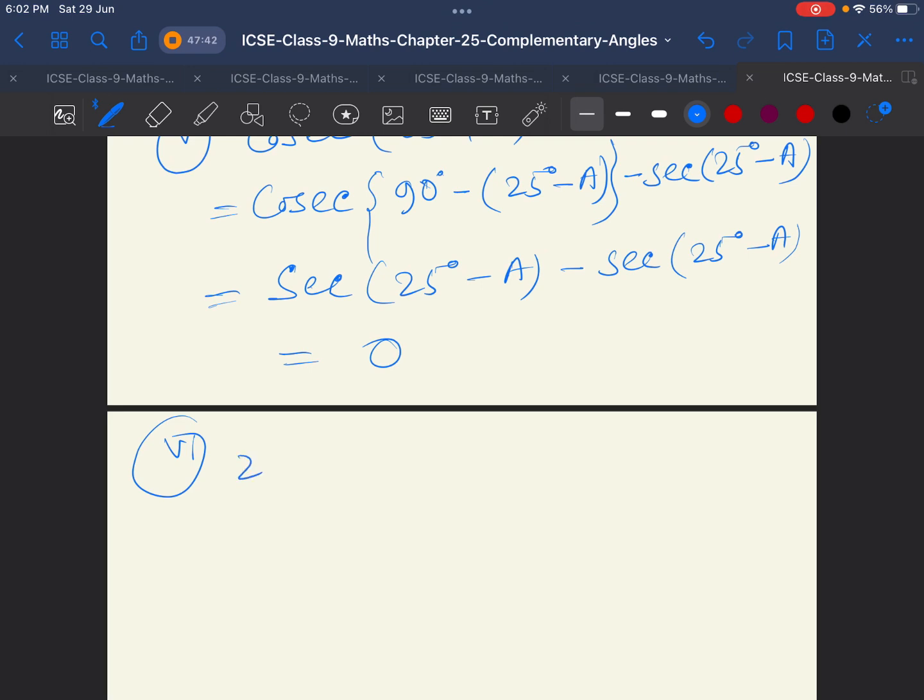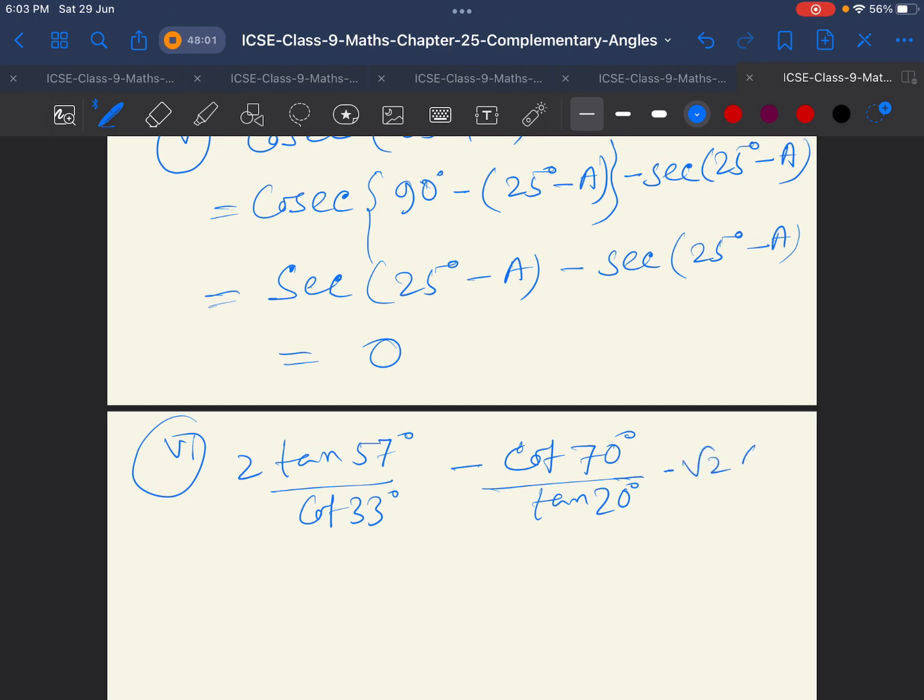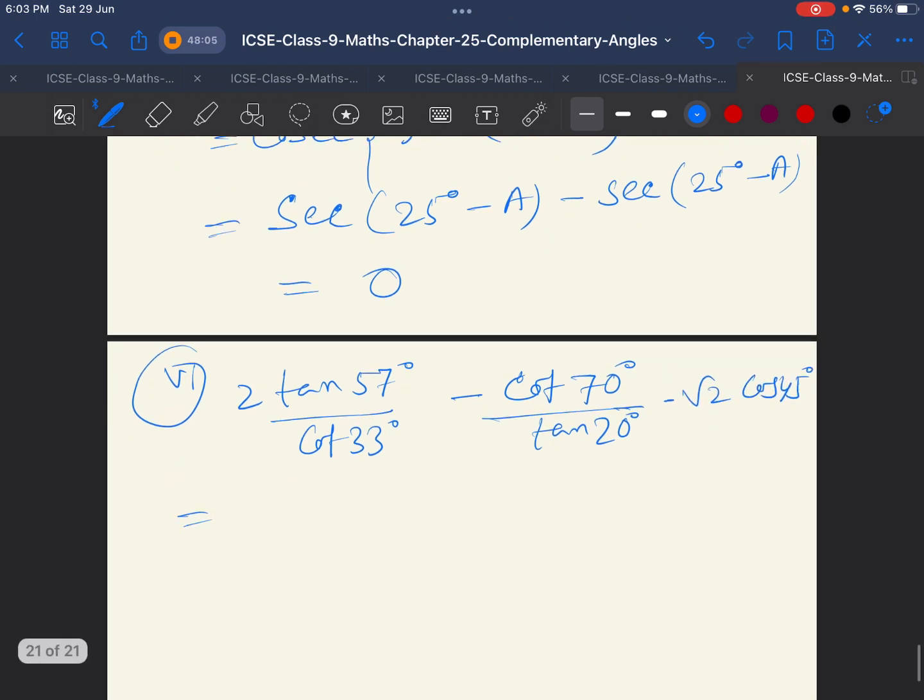So question number 6: 2 tan 57 degree by cot of 33 degree minus cot of 70 degree by tan of 20 degree minus root 2 cos of 45 degree.